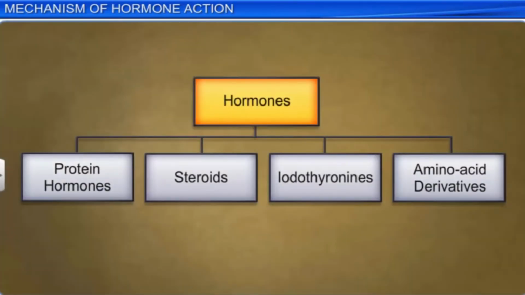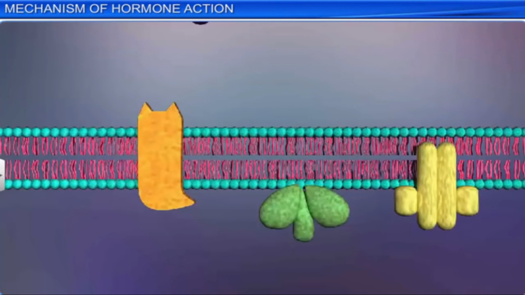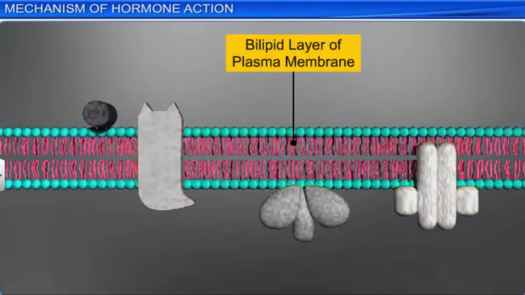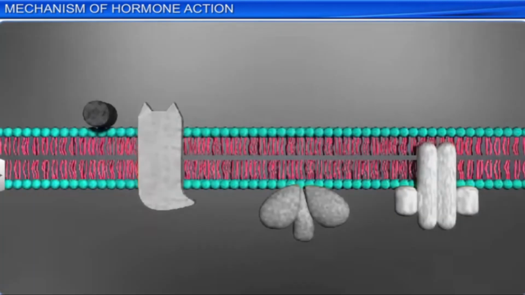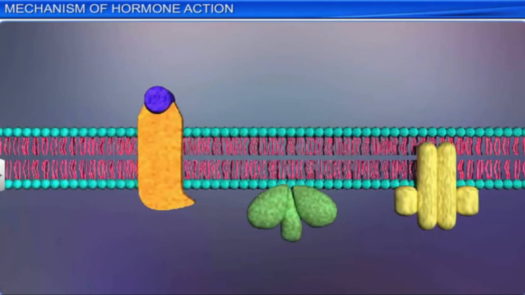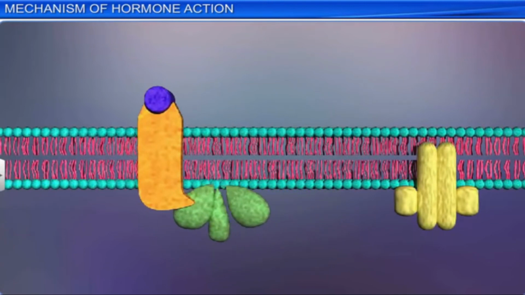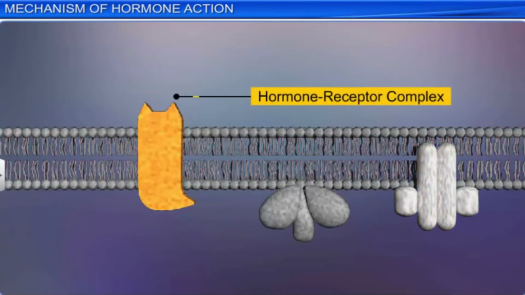Non-steroid hormones such as protein and amino acid derivative hormones are unable to enter their target cells through the bilipid layer of the plasma membrane. Therefore, such hormones bind to extracellular receptors, forming a hormone receptor complex.